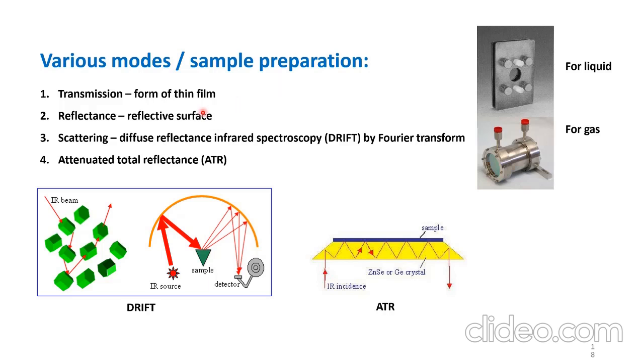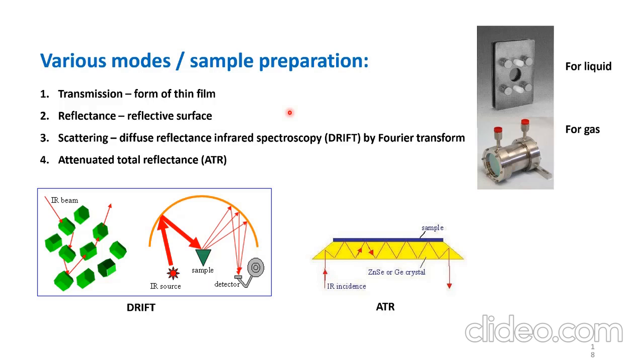sample. And in the case of reflectance, suppose the material is not able to transmit the light or IR radiation. In that case, we take the reflectance from the surface, and then the reflected light goes to the detector, and again the signal is processed.